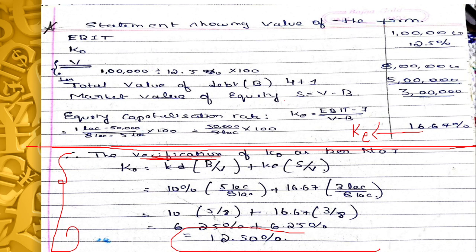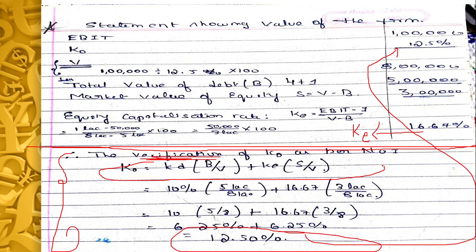So you will have to get 12.50% here, so that when this matches this, the problem is correct. For that you will have to know this particular formula of K naught. Now this is being given from the theory part also. From the start this particular formula was there.